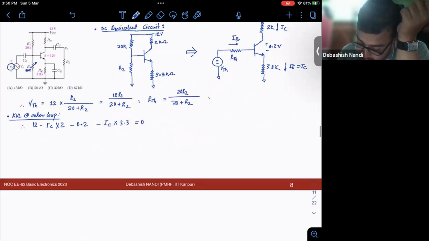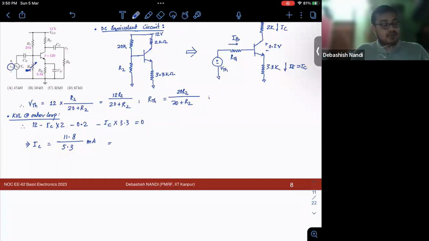So my IC would be 11.8 divided by 5.3 milliampere, and it is coming out about 2.226 milliampere.